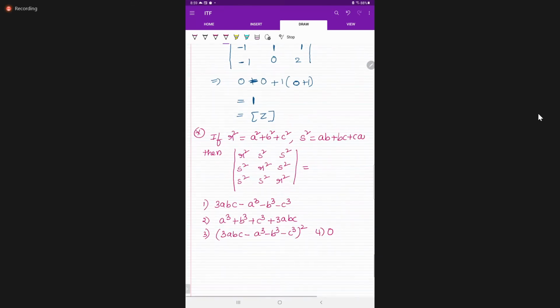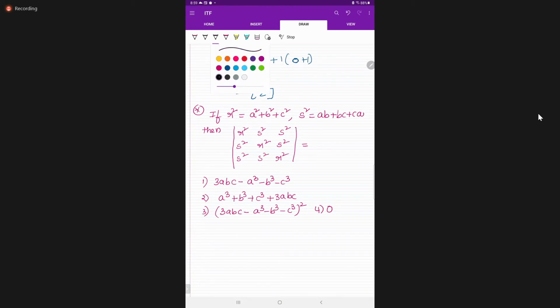So students, for this type of problem, what to do? Just substitute the values. The easy way is to substitute simple values only. Now I'm taking a equal to... you only tell me the values, and I will substitute. Simple values only. If we take 1, 2, 3, 5, it is lengthy, right?